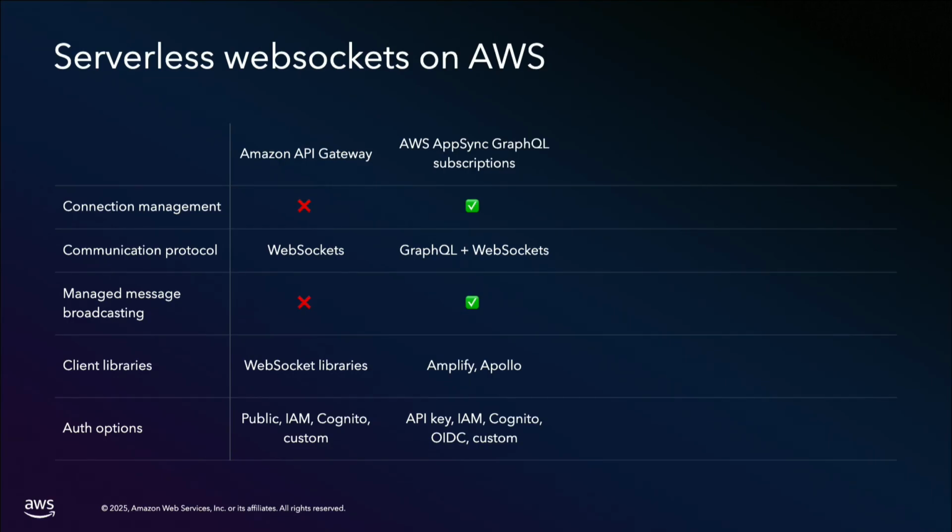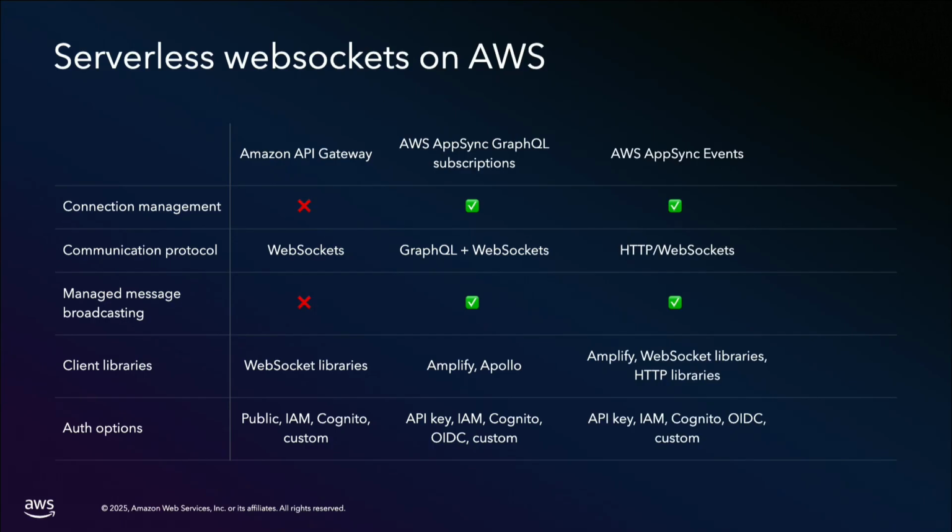So for those people who are comfortable with GraphQL and would like to learn how to use GraphQL, this would be a great option. And then we have the AWS AppSync Events, which is the new kid on the block. It was announced at re:Invent 2024, and it does have managed connections and message broadcasting, where you are able to access the raw WebSocket API using the PubSub API available to it.